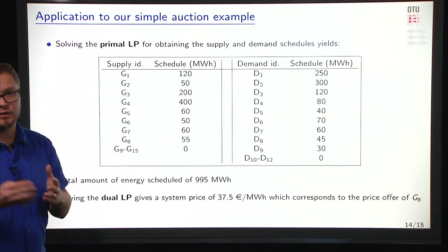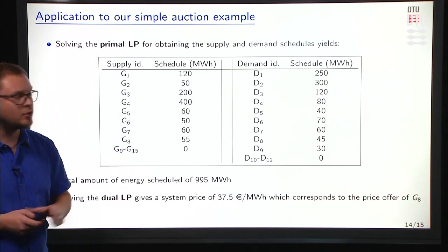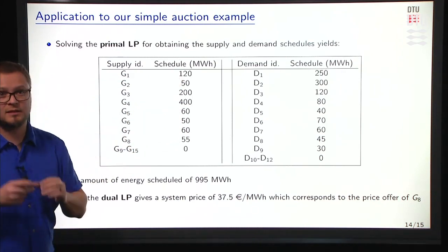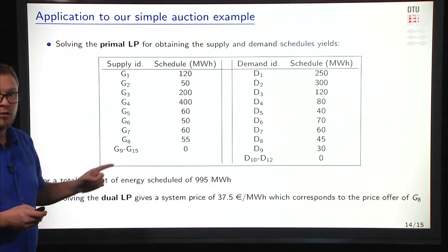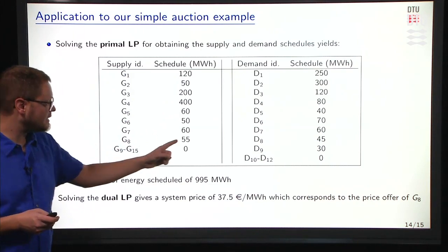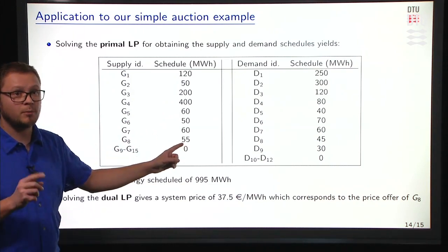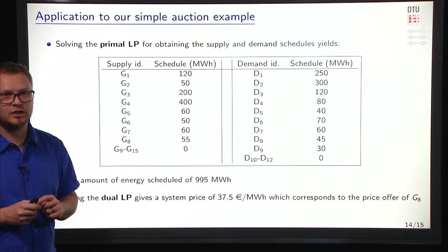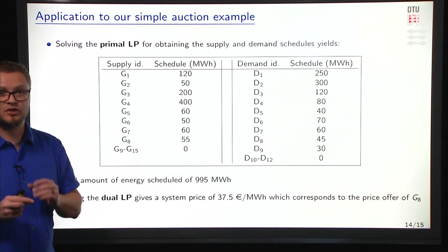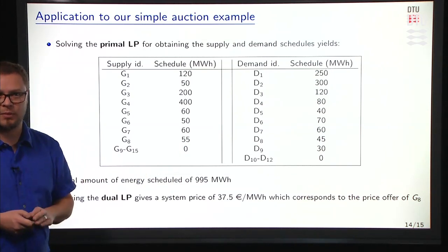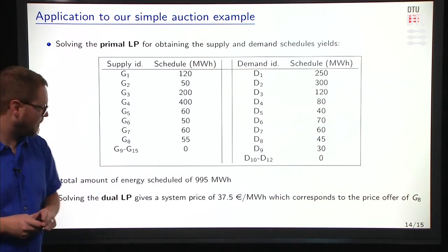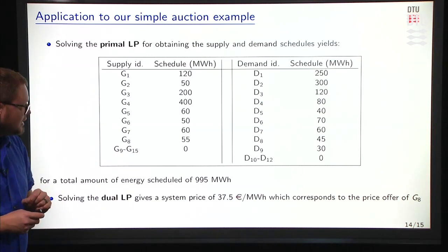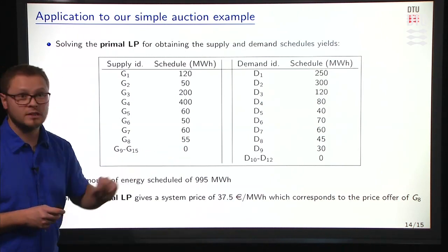So if you compare with the quantity originally proposed, what is scheduled is this quantity for G1 to G7. G8 is scheduled, but not up to the quantity originally proposed. This is because G8 is at the crossing of supply and demand, and not the whole offer could be accepted. For the other supply offers, G9 to G15, the schedule is 0.